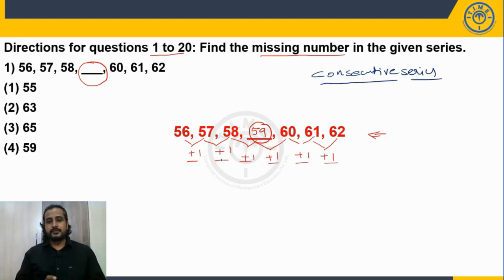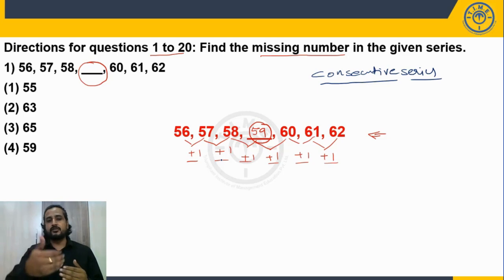See, dear students, how can we understand that the given series is a consecutive series? It is very, very important for us. To identify the given series as a consecutive series, the numbers themselves follow a specific pattern.